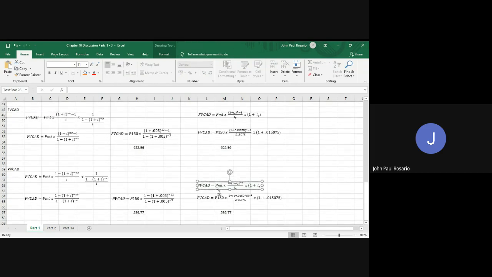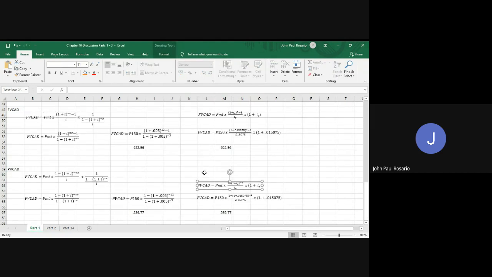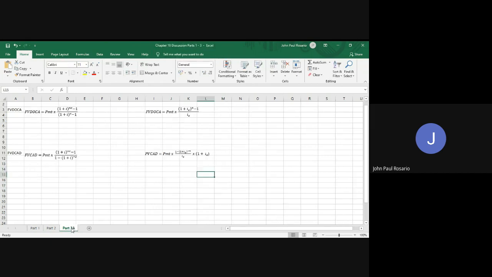Okay. Now, this is not it. I'm sorry, guys. This one. I copied the correct formula. Delete this, and then let's transfer this upwards.